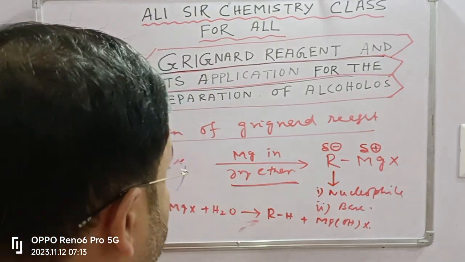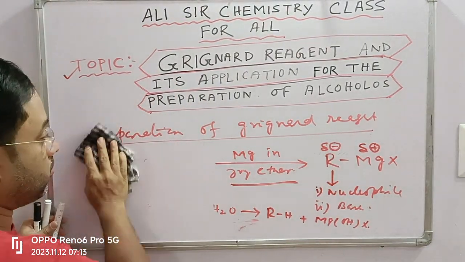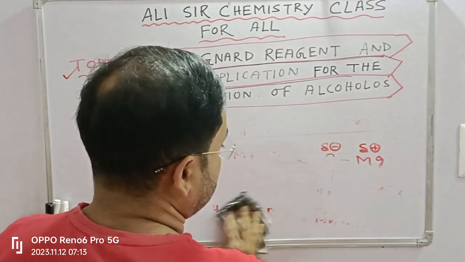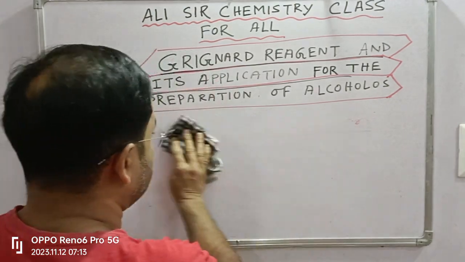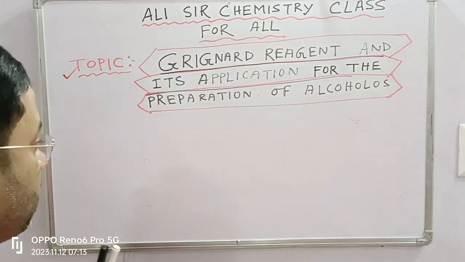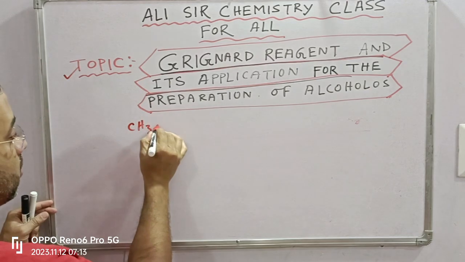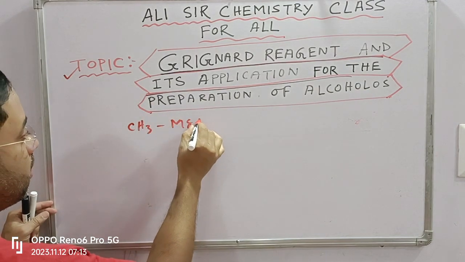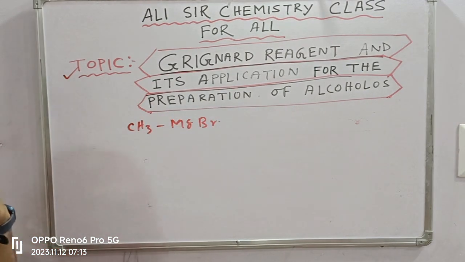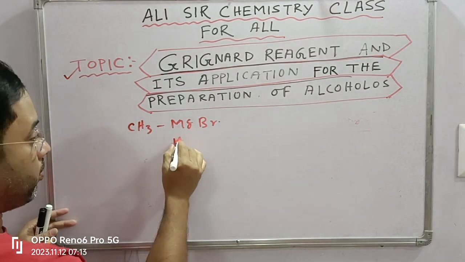So now we take some examples of Grignard reagent. Say you have to prepare methyl magnesium bromide, CH3MgBr. So for methyl magnesium bromide, we can go backward.